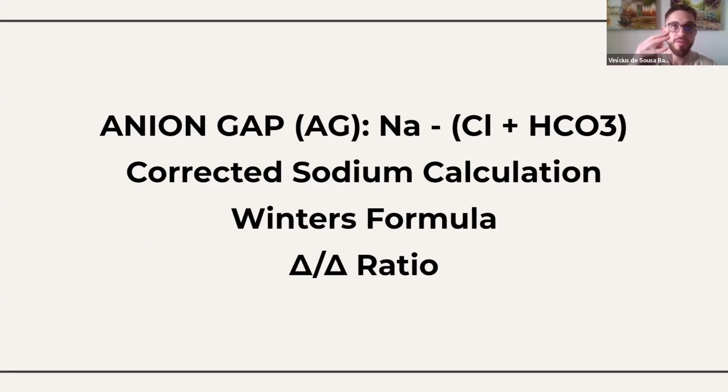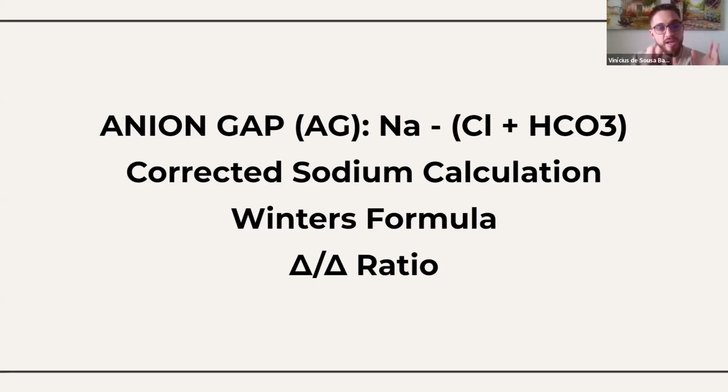So if you have a patient with a glucose of 600 and a sodium of 130, due to the normal range of glucose being 100, you can conclude that the blood glucose of your patient is 5 times higher than the normal glucose.